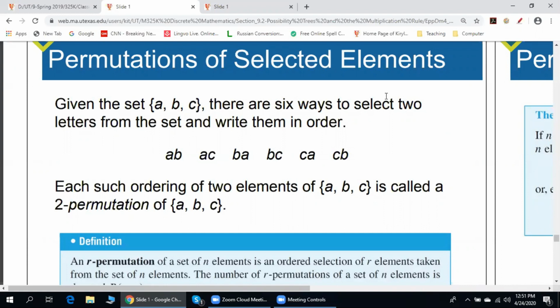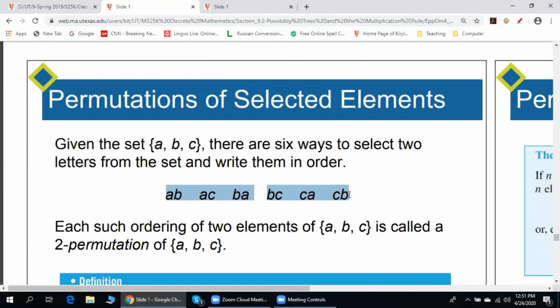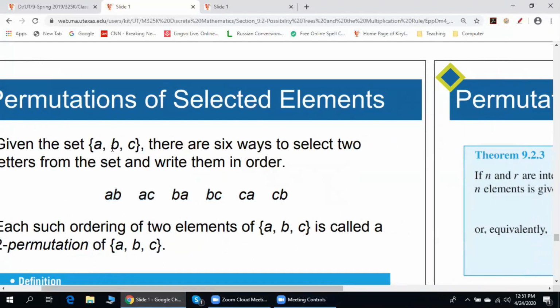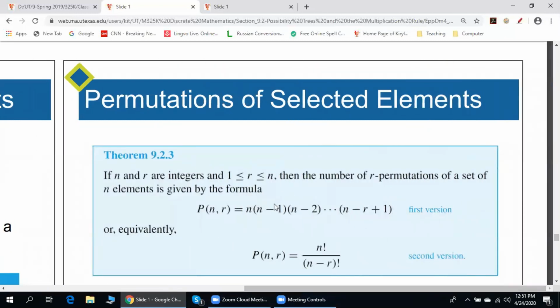By a coincidence, this is also equal to 3 factorial. But in order to find the number of 2 permutations, we do not use 3 factorial formula. We use this formula, which is the same as this.